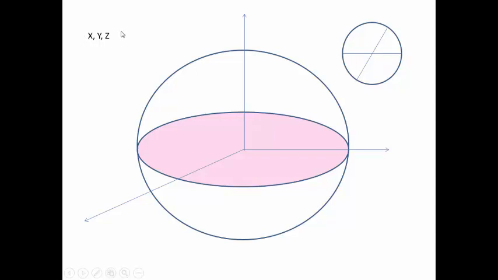If we want to have X, Y, and Z, so we have some position here, X, Y, and Z, and if we want to project that onto this pink plane, we take a line and put it from the point to the South Pole, and there it is.